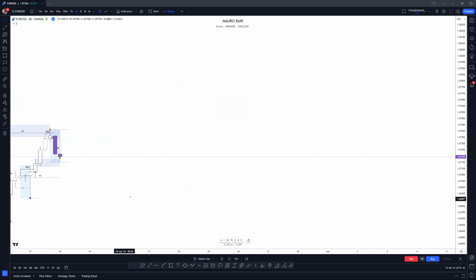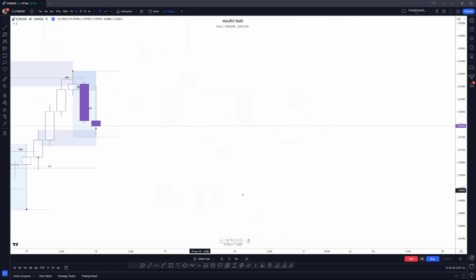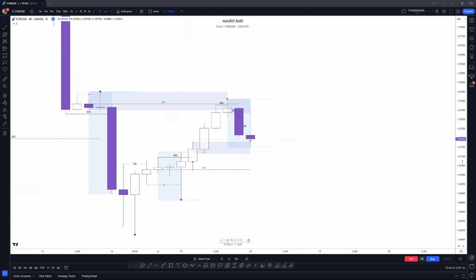Okay. We have this hidden base in 4 hours. All right.